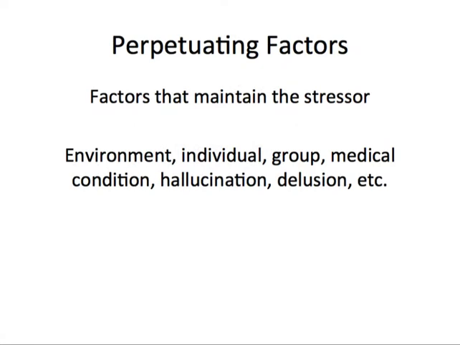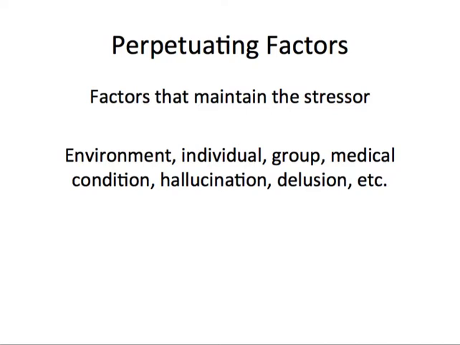Something to keep in mind that is not directly integrated into the model is perpetuating factors. These are factors that maintain the stressor and can include the environment, the individual, a group, a medical condition, or psychosis. For instance, let's say that the individual continually experiences behavioral symptoms of a stressor, for instance, agitation, restlessness, and insomnia.